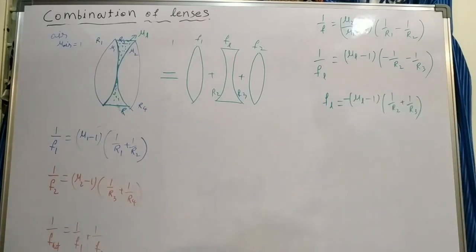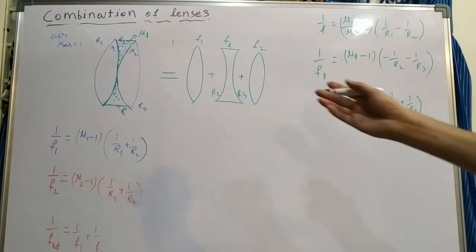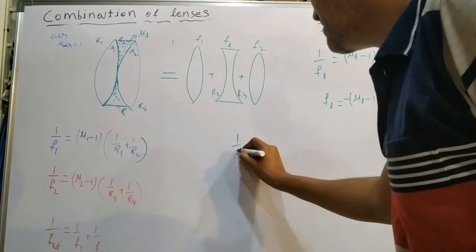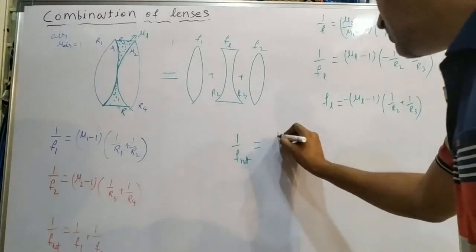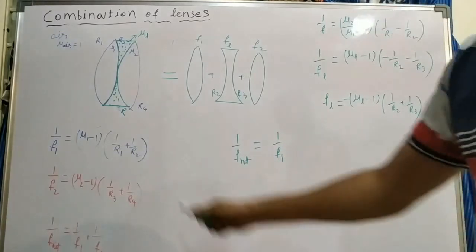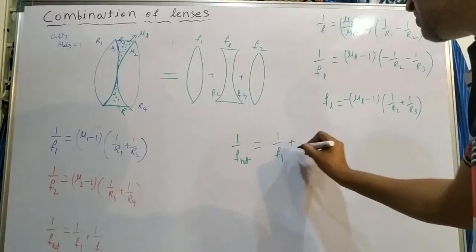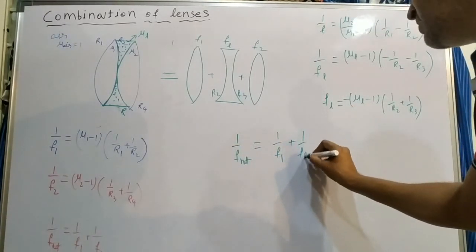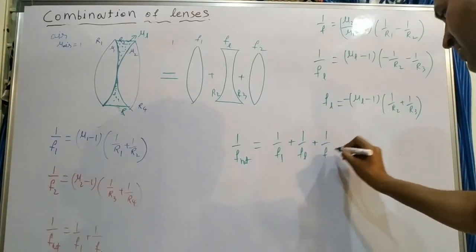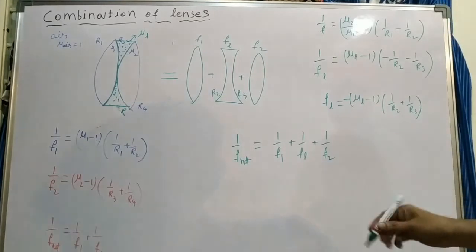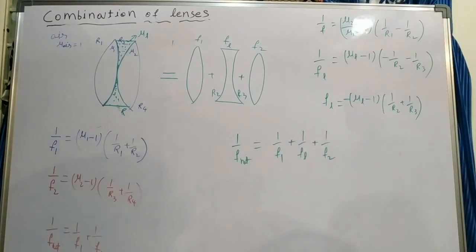Now what is the total combination of the focal lengths? The total resultant F net of all these three lenses is 1 by F1, plus 1 by F liquid, nothing but this part, plus 1 by F2, the focal length of the second lens.